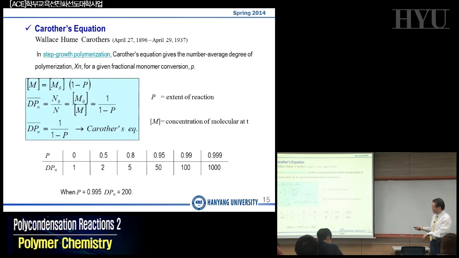So in order to have a DPn of around 200, you have to have about P equal to 0.995, meaning that 99.5% of your monomer should have reacted already. So the 99.5% reaction is a very efficient reaction. So you should not have any side reaction in order for your condensation polymers to become real polymer.